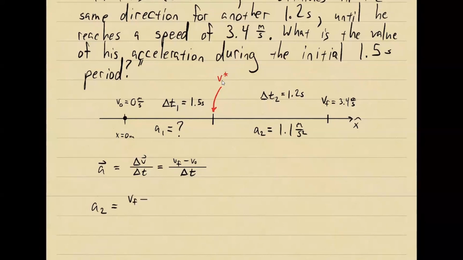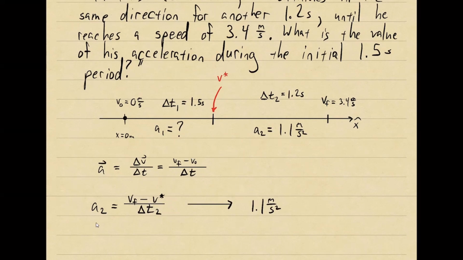which in this case, for the second half of the problem, the starting velocity was v star, divided by the elapsed time, which was delta t2. And so the acceleration for the second half of the problem was 1.1 meters per second squared. Again, all we've done here is use the definition of the average acceleration.